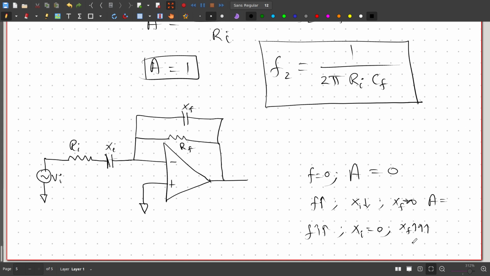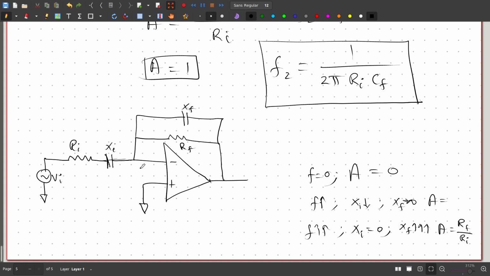At that case this is directly connected and it is open, therefore the feedback is through RF, so the amplifier's gain is just RF by Ri. That's why we put the flat part as RF by Ri.